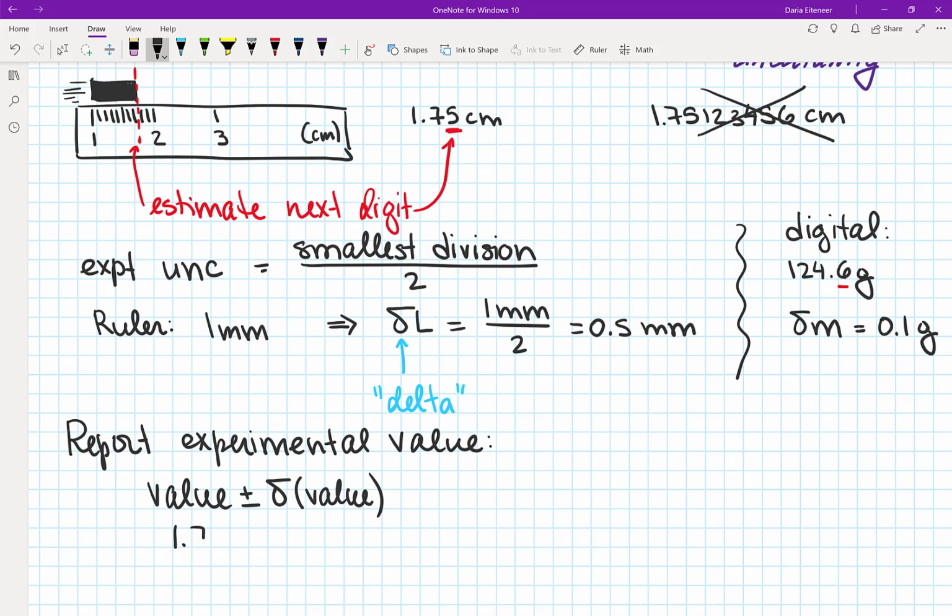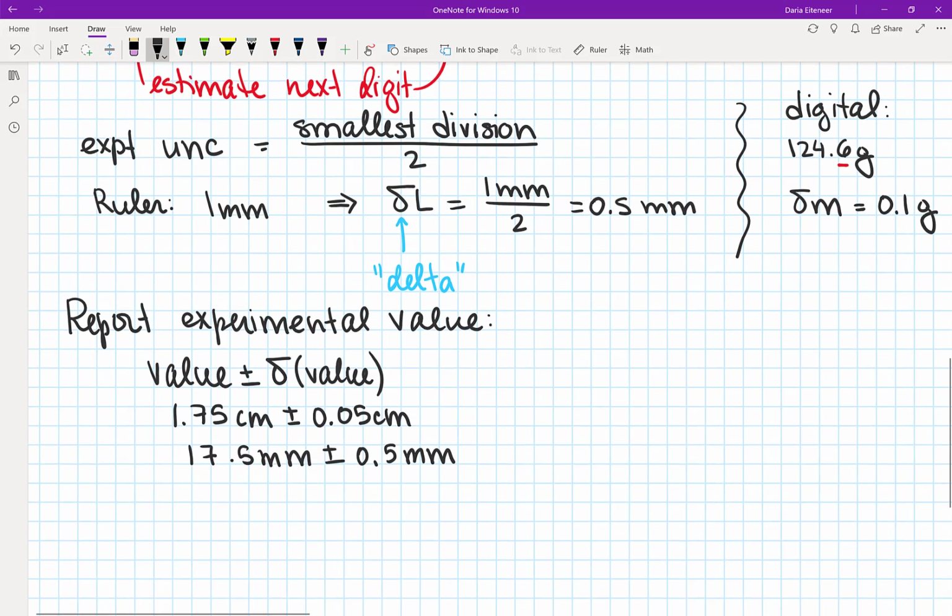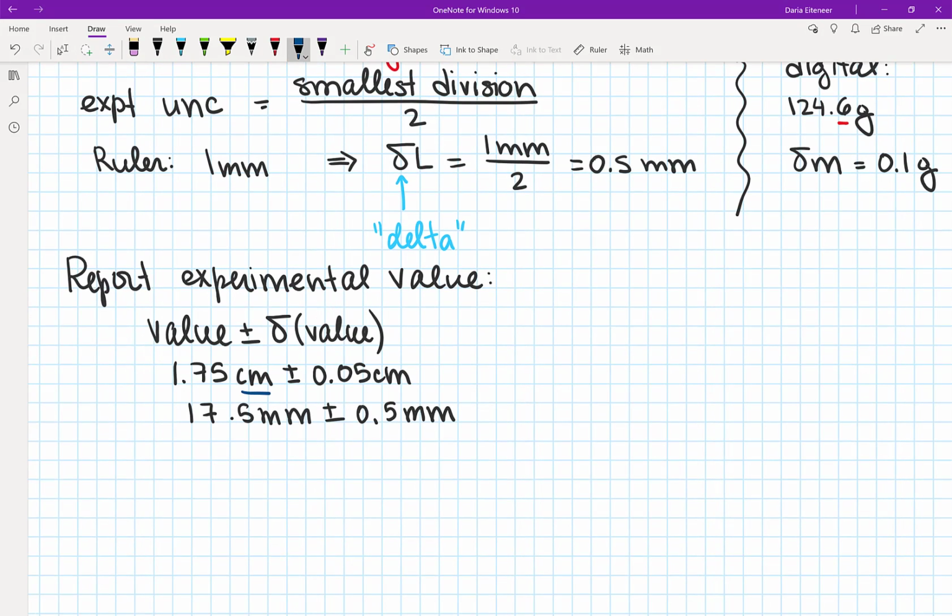I can write it as 1.75 centimeters plus or minus, converting the uncertainty to centimeters, or I'm going to convert the value to millimeters and then leave the uncertainty in millimeters. So the units have to agree. Pick one, stick with it. And furthermore, the number of decimal places between the value and the uncertainty have to agree.